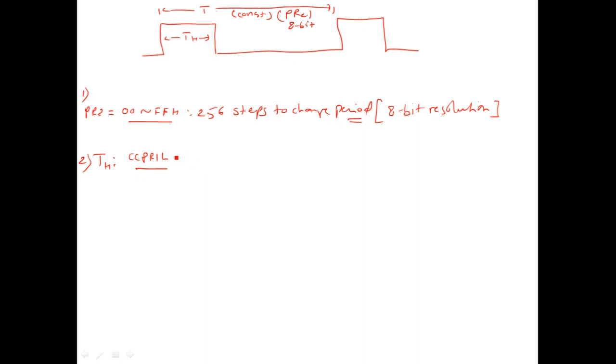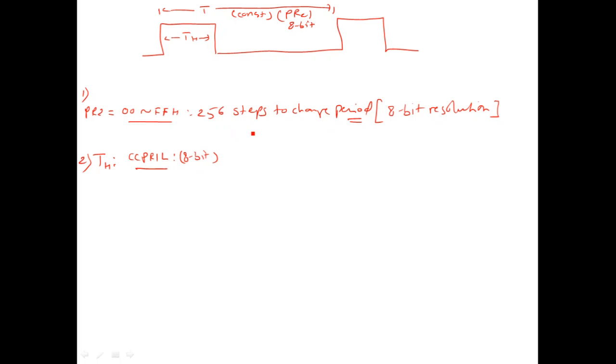This is also an 8-bit register, and therefore again you can understand that if you want to change TH, then that will also have 8-bit resolution. You can change the high time TH in 256 different steps.